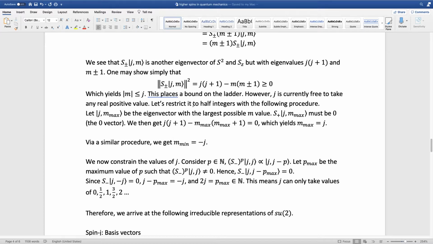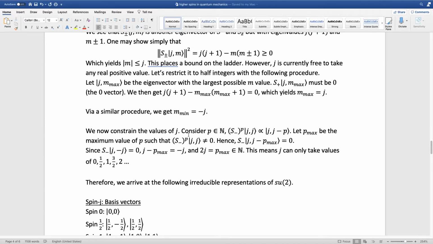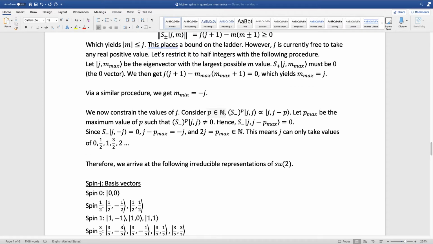Now let's proceed to restrict j to the half integers. To constrain the values of j, we consider a natural number p, and the highest eigenvector is jj. We lower it p times to obtain this j, minus p.